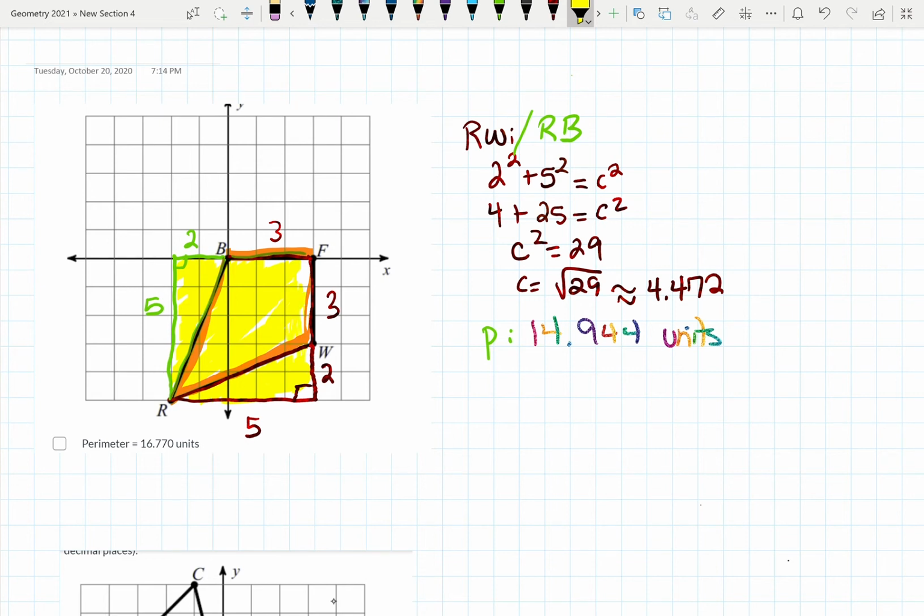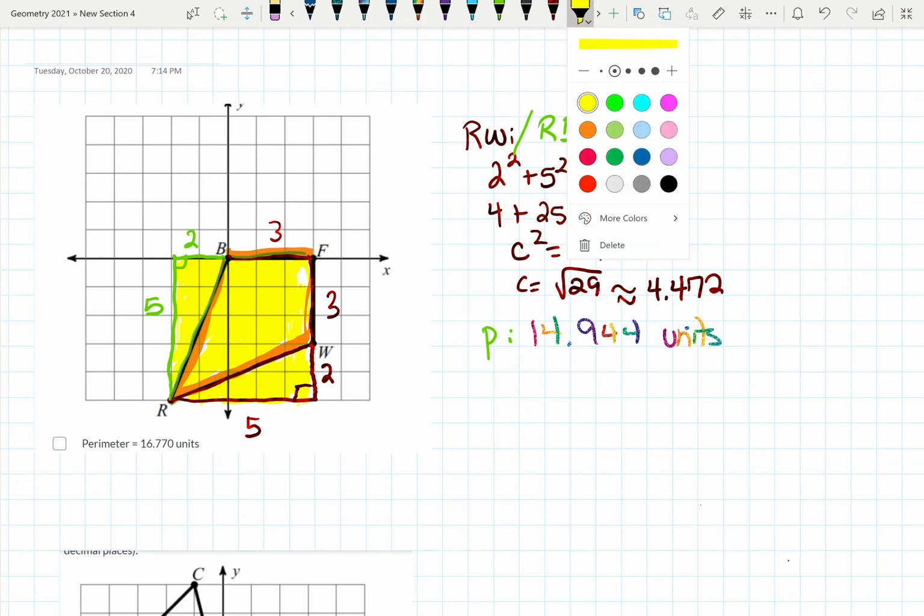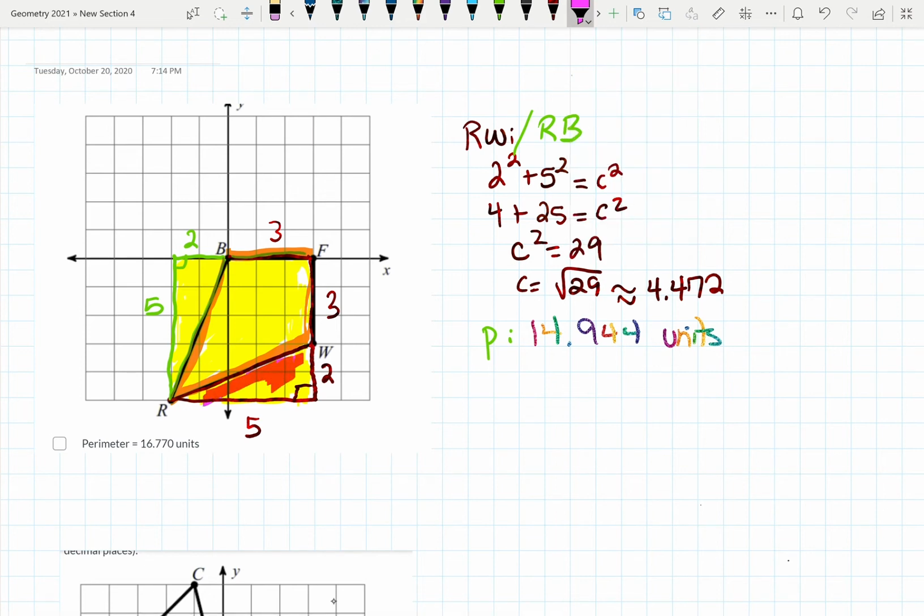So I can figure out the area of this square. It's a 5 by 5 square. And then those two right triangles that I added in order to find the perimeter, if I take these two areas away from the area of the square, I end up with the area of that kite, the one that I'm really interested in. So it's going to be a two-step process.